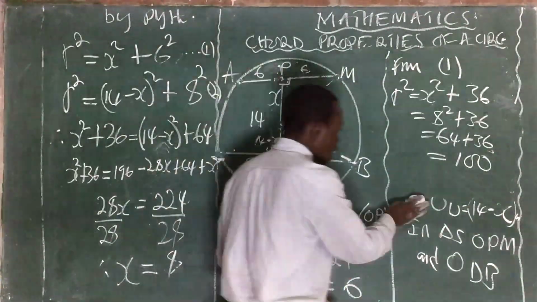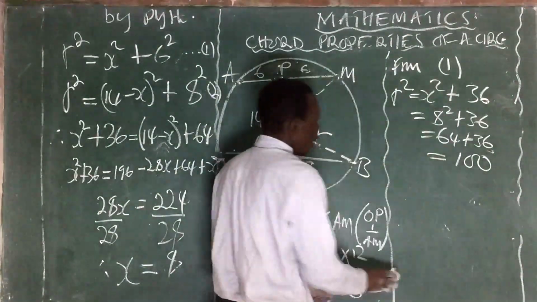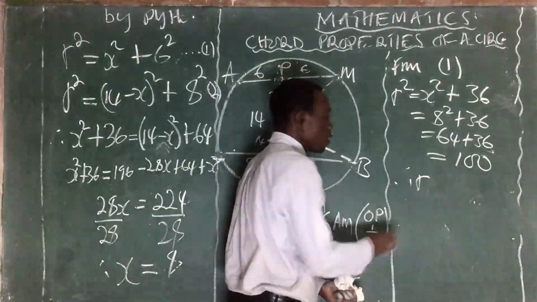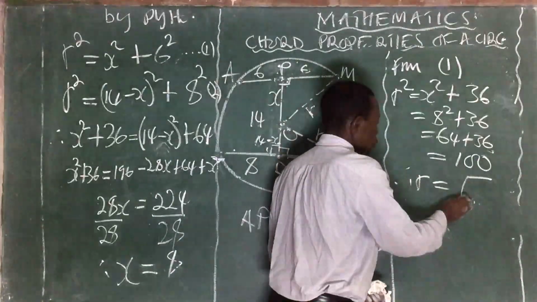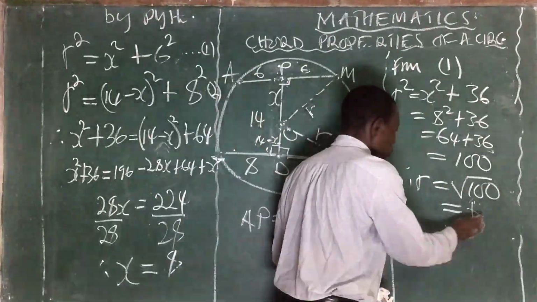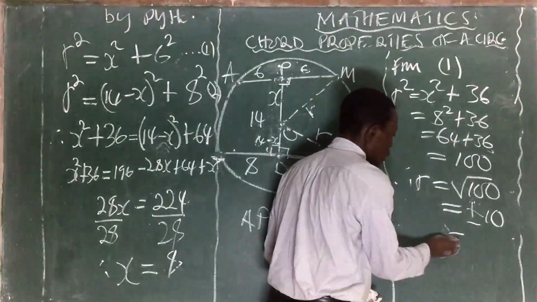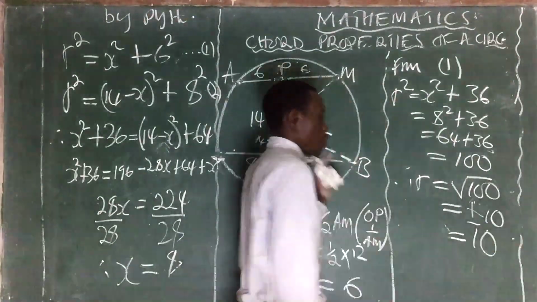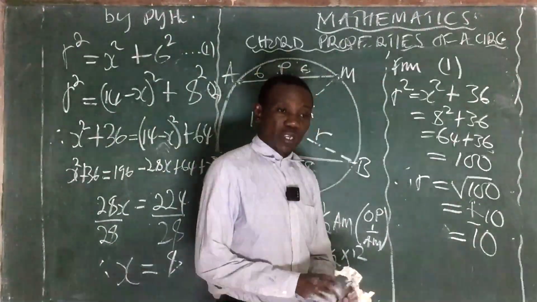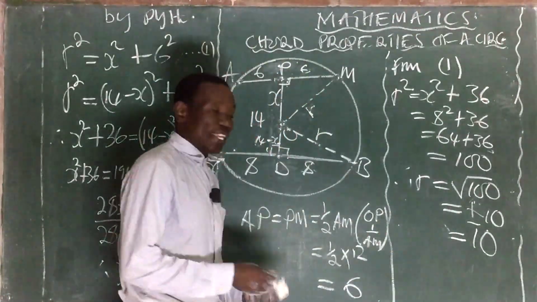Right, so you can see how we do here. And then once we have got R squared as 100, you are in the position to find the value of R by taking the square root of 100, which gives us positive or negative 10. But here we consider 10, because what we have here is about length. So we leave the negative value. Right. So here R is 10.